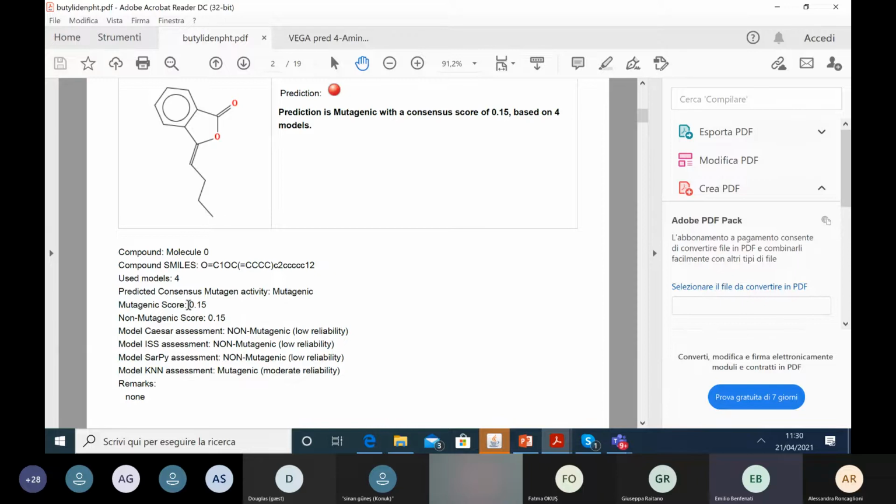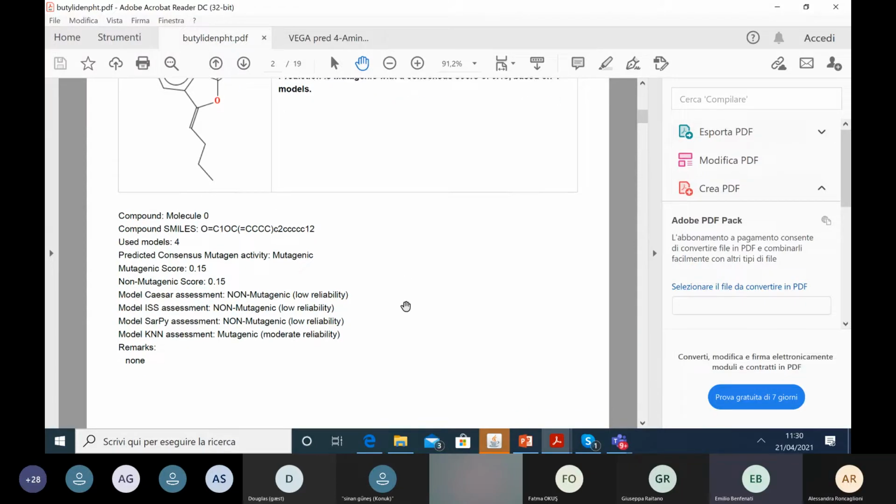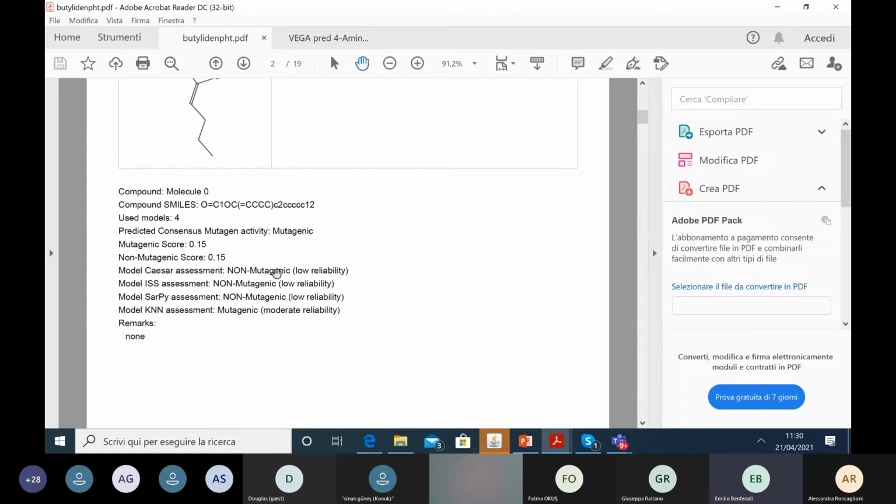And there is one measurement for the mutagenicity from 0 to 1, and another measurement for non-mutagenicity from 0 to 1. And so here I'm very close to uncertainty in both cases, because I have 3 models stating non-mutagenic and one model stating mutagenic. So this also depends.